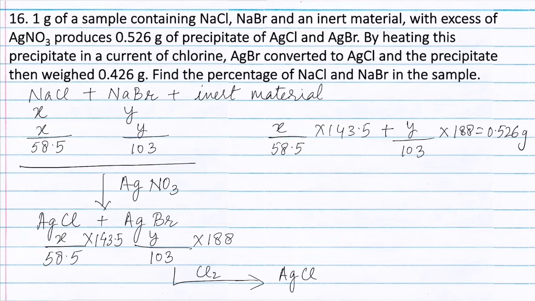Applying principle of atom conservation on silver atoms, we can say that moles of AgBr is equal to moles of AgCl, which is equal to y divided by 103 moles, and multiplying this by the molecular weight of AgCl, that is 143.5, we get the weight of AgCl which is formed.